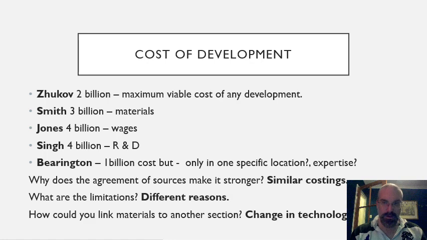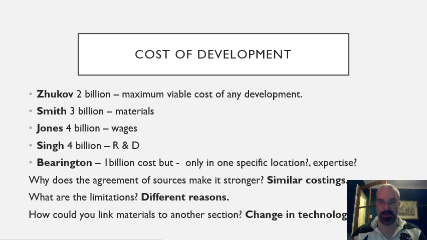So we then move on to some examples. Our next theorist, our next example, is Smith, who says that an underwater city would cost £3 billion to build, and the majority of that cost would come from materials. So he would be a crucial piece of evidence, a crucial argument as to why we couldn't build a city underwater.